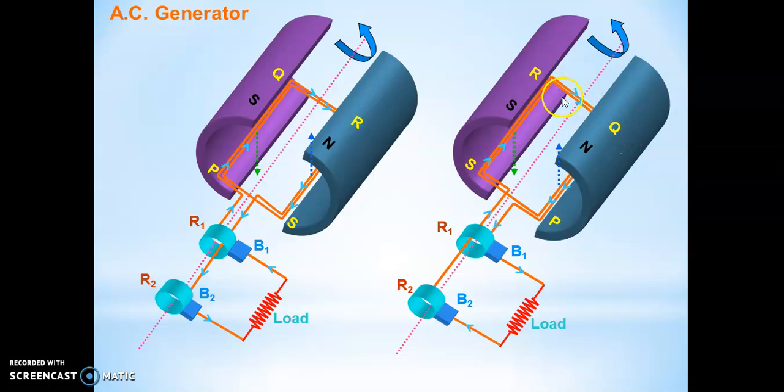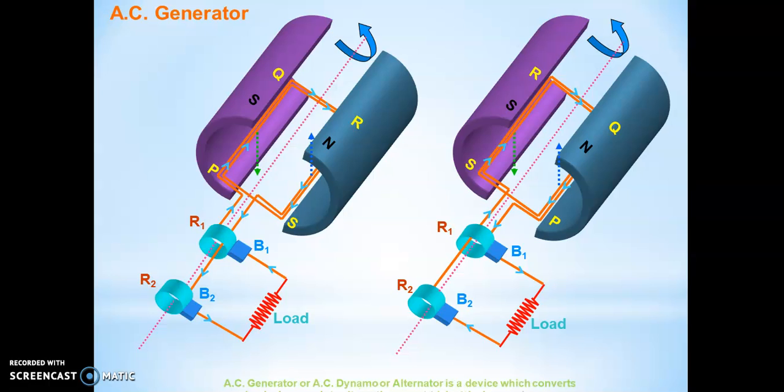It is because the brushes have changed. In the first one, this bold orange line has now shifted towards this end. It is due to this that it changes its position alternately, and we get an alternating current.